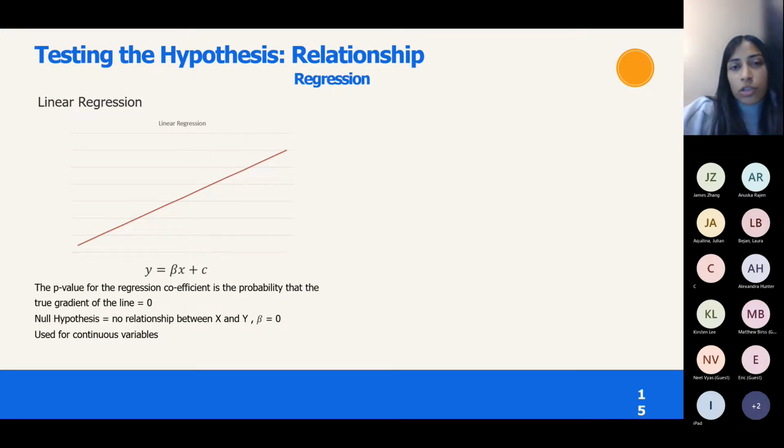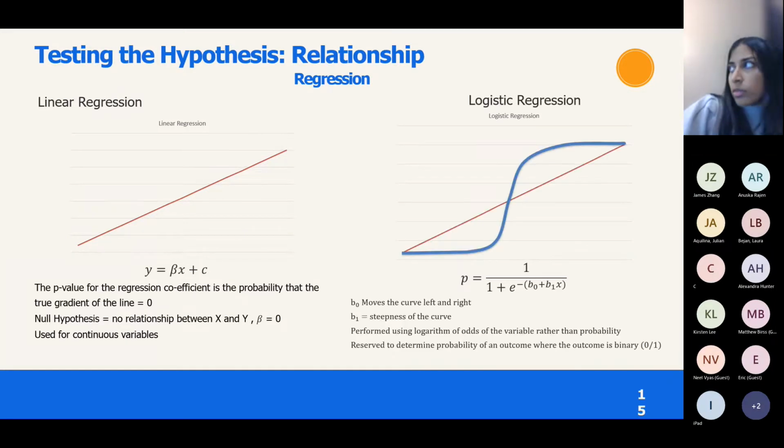And you can use this when you've got two continuous variables that you are comparing. So basically, you're looking at the size of the beta for the strength of the relationship. Whereas a logistic regression, instead, is denoted by a C-shaped curve and uses something called the logarithmics of odds rather than probability.